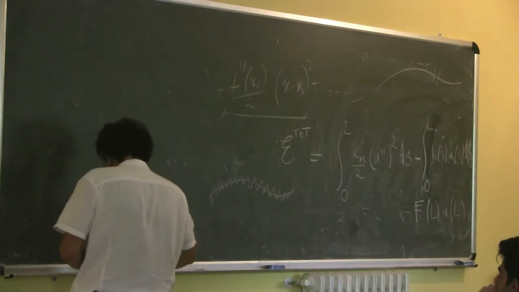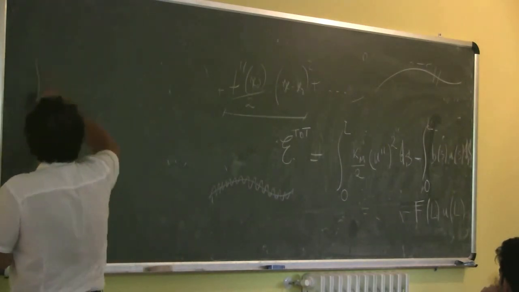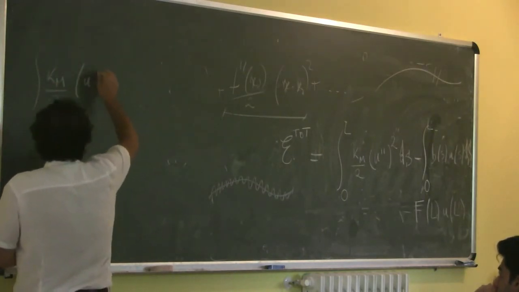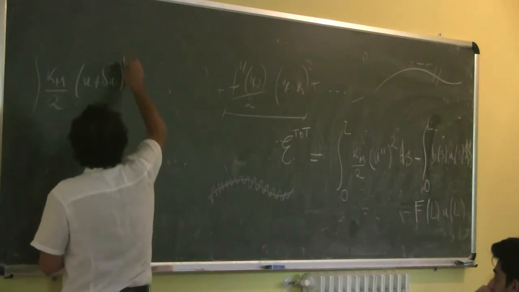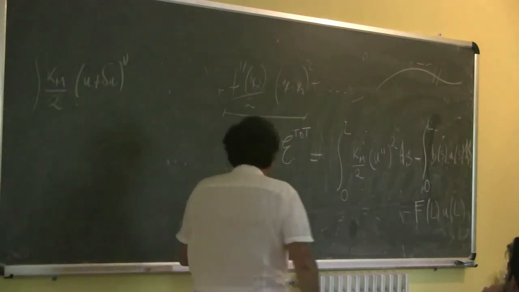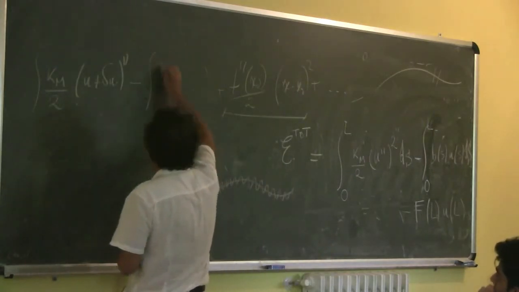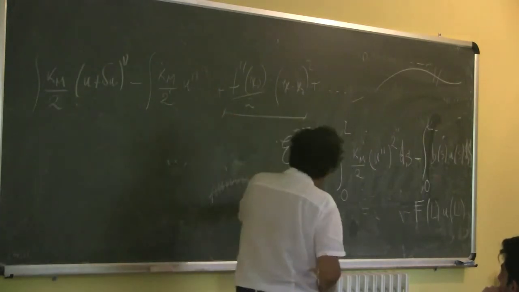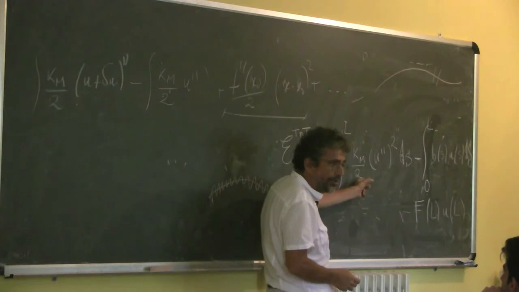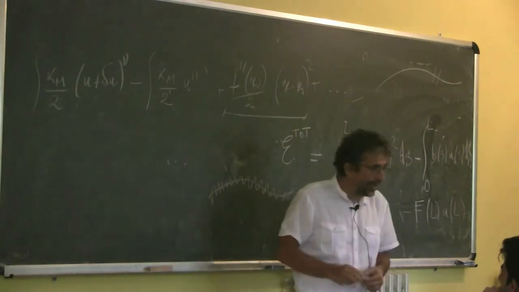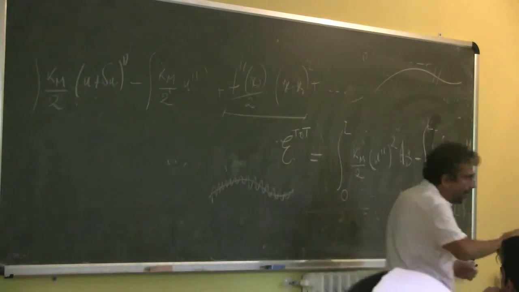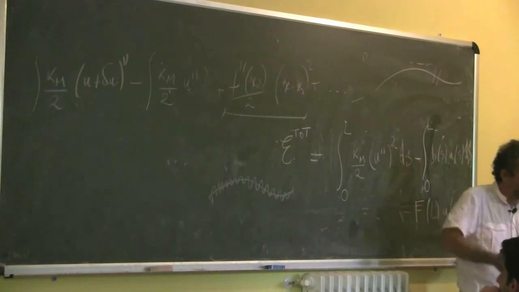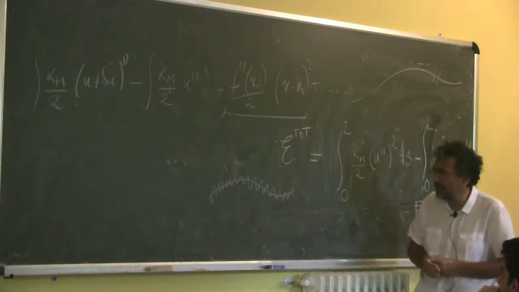So I have the integral of km over 2 of (u second plus delta u second) squared, minus the integral of km over 2 of u second squared. What I'm writing is the finite variation of this deformation energy. Okay? This calculation you have probably already seen with Luca Placidi. I want to reinterpret it, adding more details and repeating it another time.